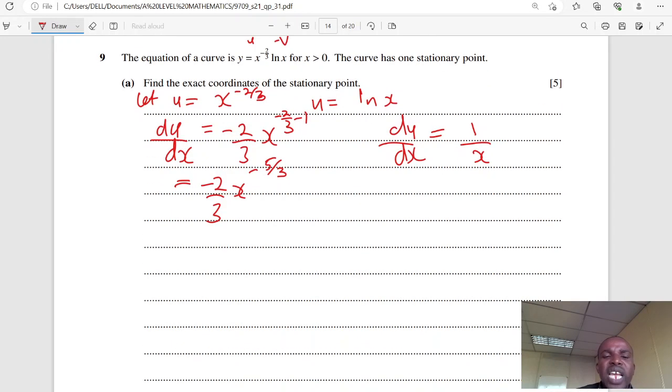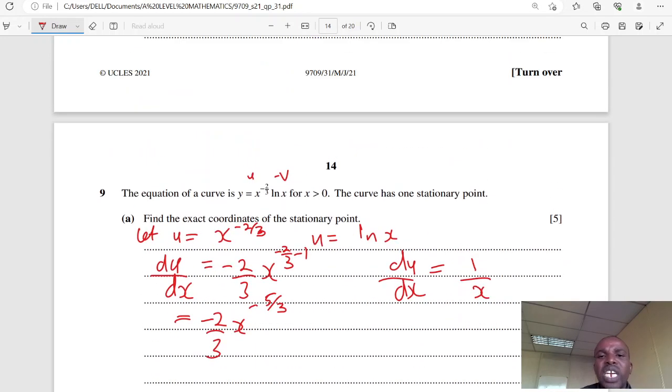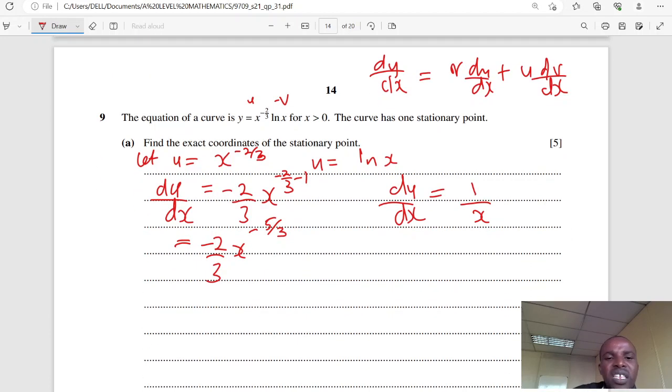So we can now say, based on product differentiation, dy over dx is equal to v du over dx plus u dv over dx, like this. Right, what is my v for my dy dx here? This one is supposed to be my v, so v is equal to ln x.